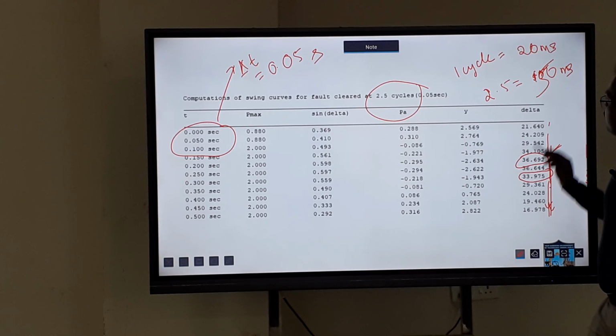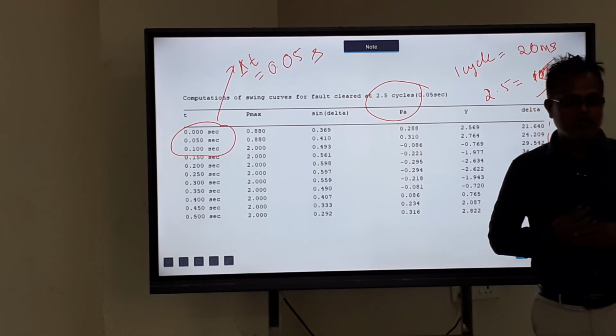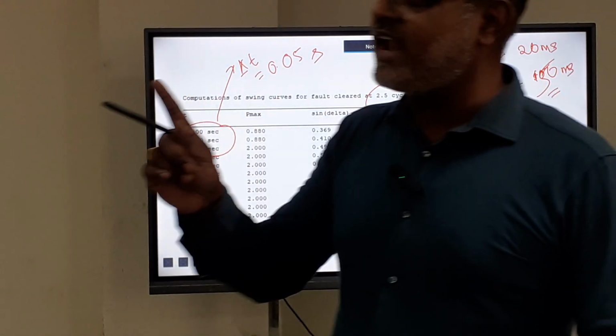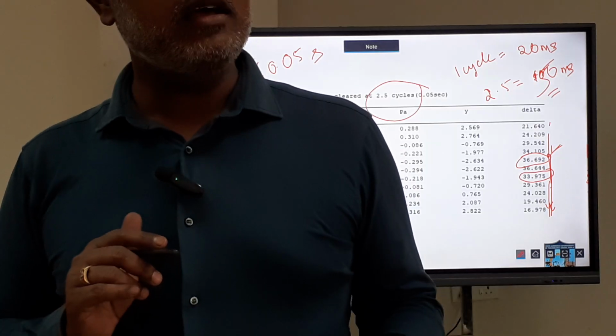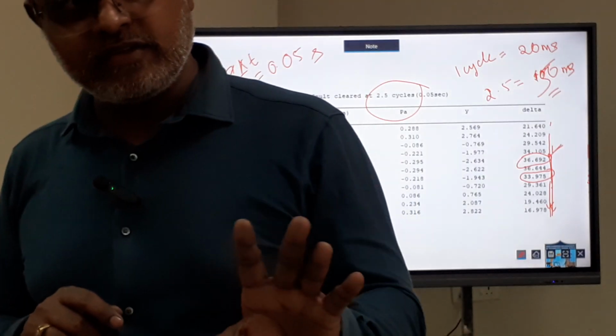Right? That means the fault is cleared in 50 milliseconds. Remember, just count one second, then imagine what 50 milliseconds is. So before that the circuit breaker must operate. It's not a critical one, but it is in milliseconds.